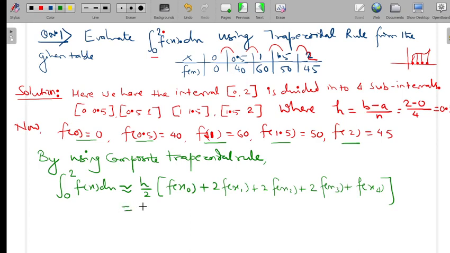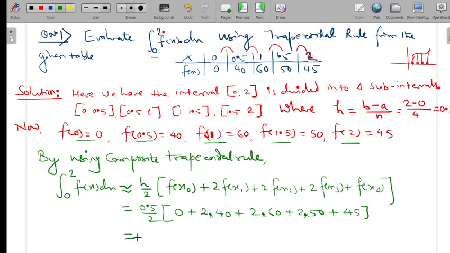Then h is what? 0.5 over 2. F of 0 is 0 plus 2 times f of x1, which is 0.5, is 40, plus 2 times 60 plus 2 times 50 plus, this is a multiplication sign, you should not have any confusion, and this is 45.